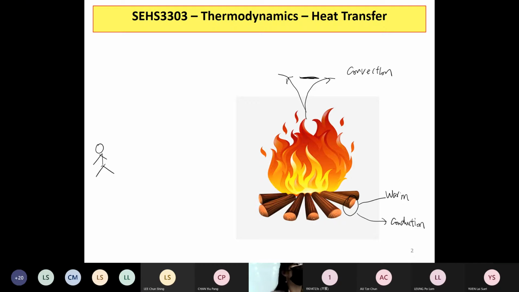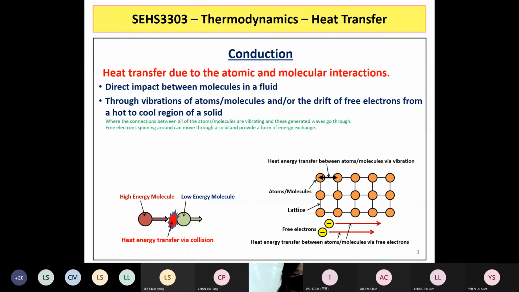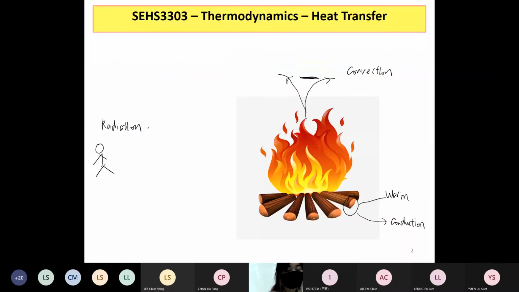But you can still feel warm. Why? That is radiation heat transfer. You can absorb the radiative heat energy from the fire. That is radiation. These are the three mechanisms.